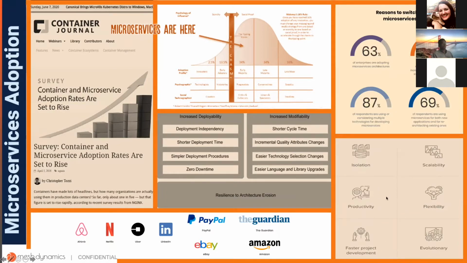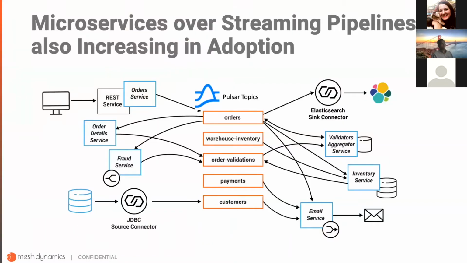These are the promises that are forcing a lot of people to go towards microservices, right? So that's one. And as we are talking to various people in this segment adopting microservices, we are also noticing a small fraction of them actually adopting microservices over streaming pipelines, whether it's Pulsar or Kafka.